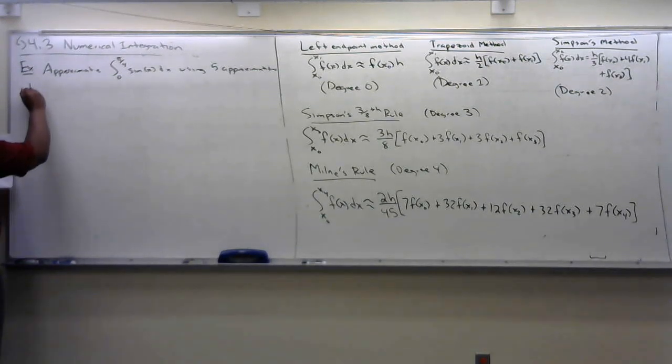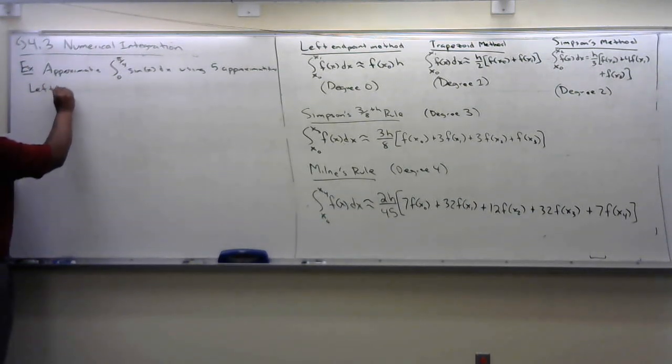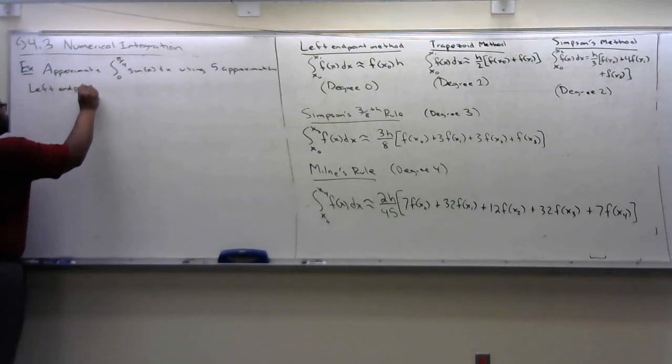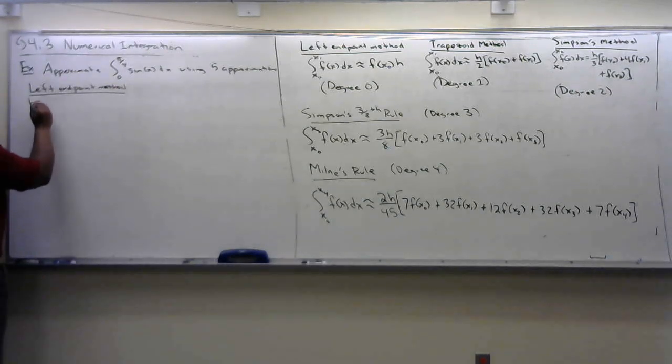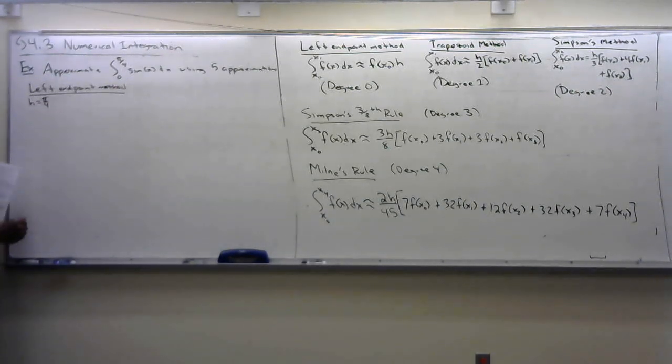So let's look at the left endpoint method. My h is going to be pi over 4 because I don't have to split the interval up to apply the left endpoint method.